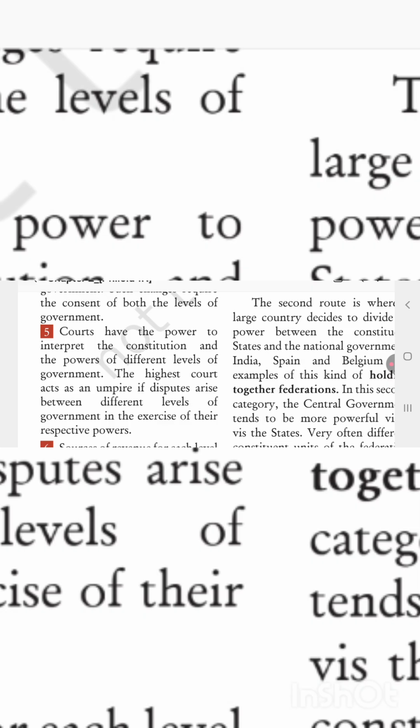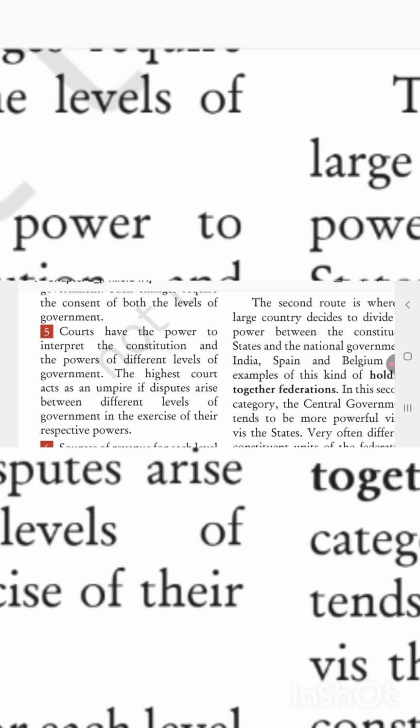Judicial review means if any laws go against the constitution, then the judiciary can declare them unconstitutional. Then the legislature is supposed to bring change, that means amend the law so that it is according to the constitution. So you can understand that courts have been given immense power to interpret and guard the constitution, and also to review any laws through judicial review.